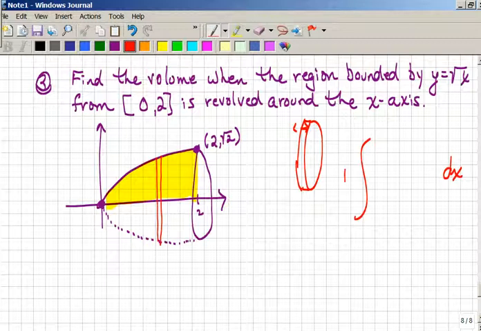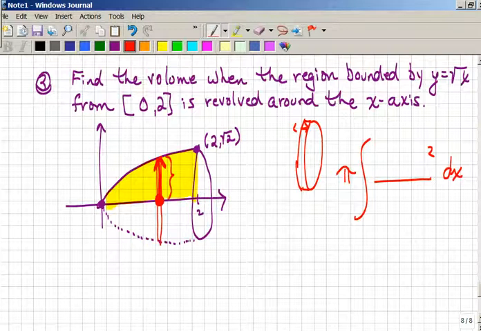Remember, pi always gets kicked out front, so we'll just go ahead and kick him out. And the only thing left to do in the blank is find the radius, and we'll square it. Well, the radius is the distance from the axis, where the red dot is, to the outer edge of the original area before we revolved it around the axis.